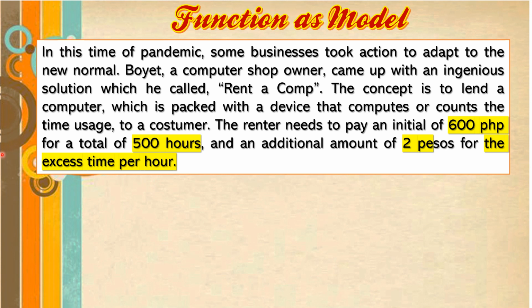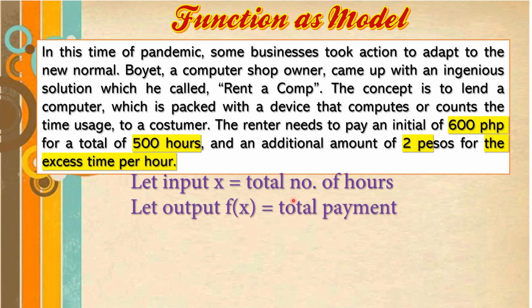So the first thing to do, guys, is to identify the input and the output of the problem. Looking at the problem, we know that input x is the total number of hours, and the output would be the total payment, since the total payment depends on the number of hours of usage of the computer being rented.